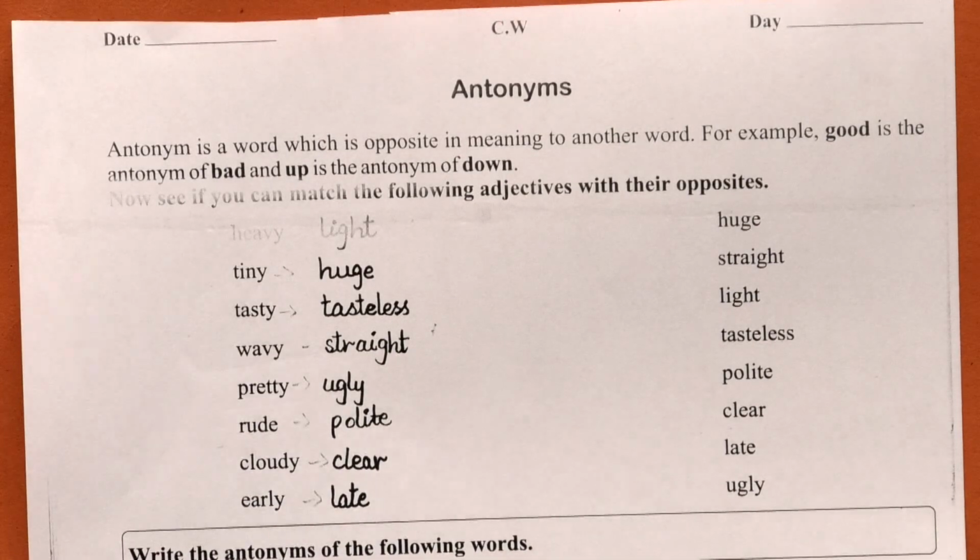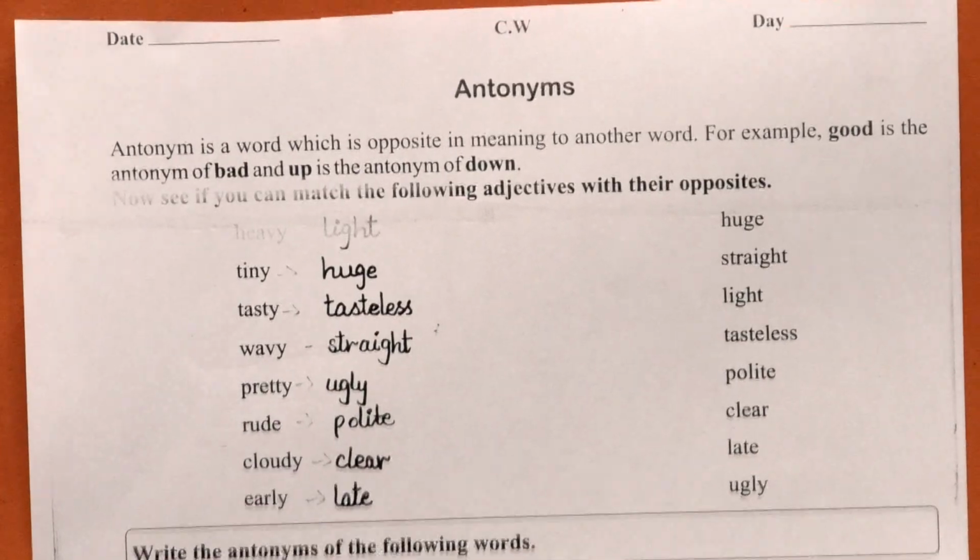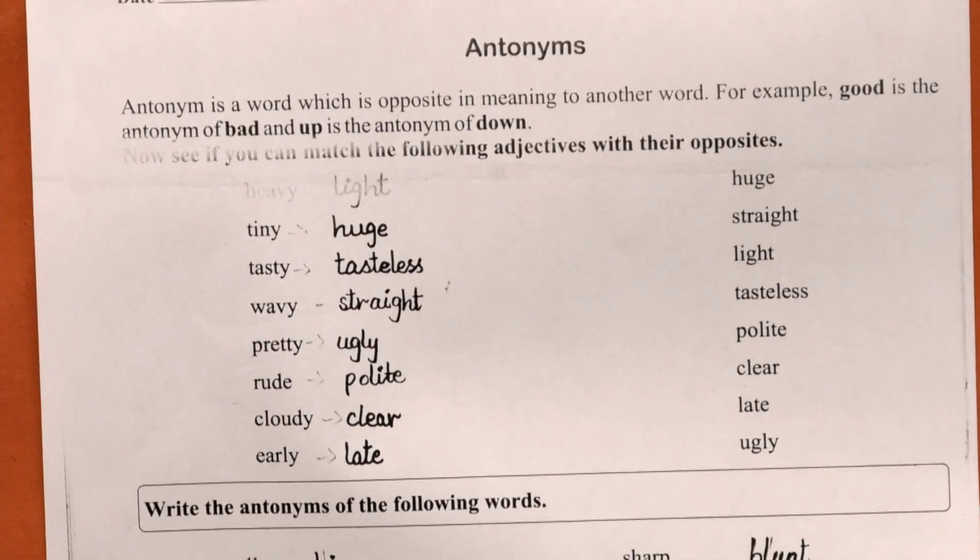Now, here is another exercise related to antonyms. You are going to write the antonyms in the blanks given to you. Write them according to the slot given to you.